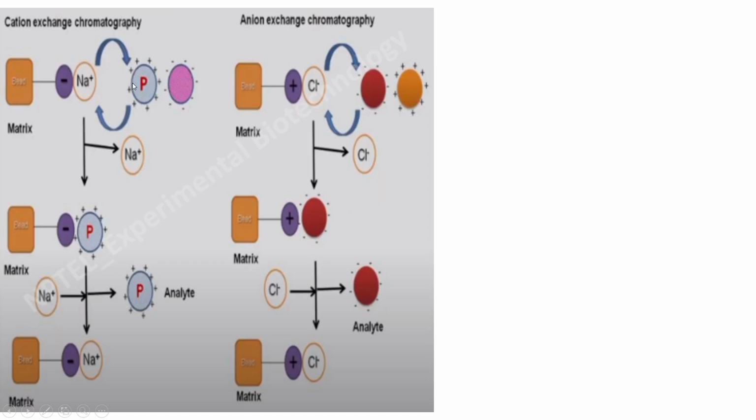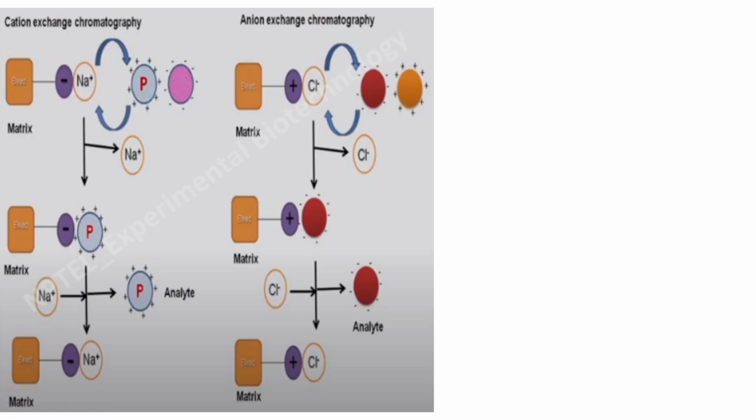Okay, so if the pH is less than its pI, that means it is positively charged. If it is positively charged, it will have an affinity towards this negatively charged matrix. You know, positive and negative can bind together, and positive will repel positive, negative will repel negative. So it will compete with the sodium ion that is bound to the matrix right now, and it will replace the sodium ion and bind to the negatively charged matrix.